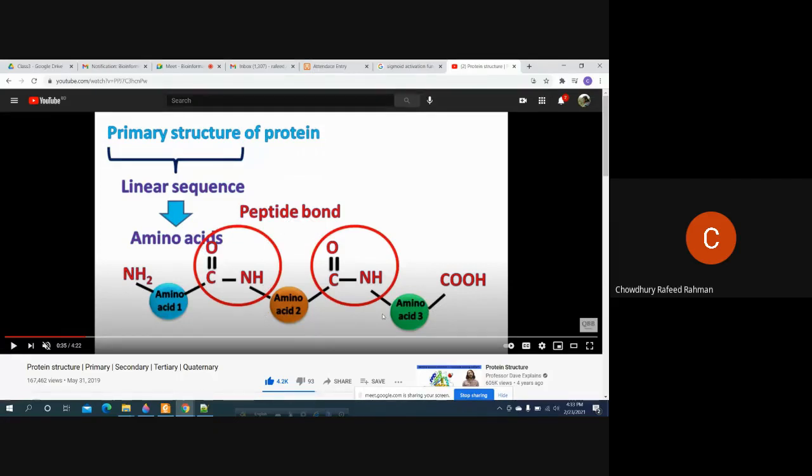Amino acid 1, amino acid 2, amino acid 3 are joined by peptide bonds. Now, I think we have all heard about hydrogen bonds. I do not expect anyone to know exactly what a hydrogen bond is, and there is no necessity of knowing so. But has everyone heard about hydrogen bonds? Yes, sir.